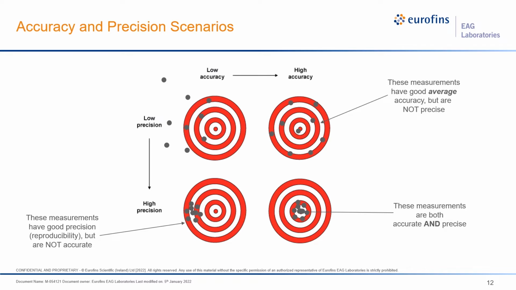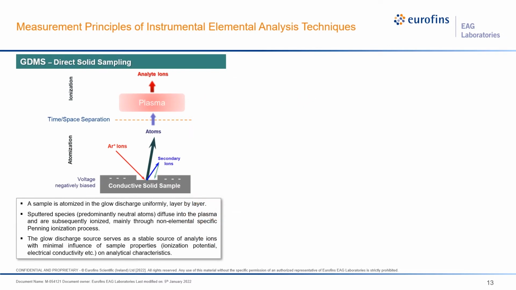So regarding GDMS, ICP-OES, and MS, how do they actually work? For GDMS, it is a direct solid sampling technique. So obviously the sample is a solid, and on top of that, because it's an ion beam sputtering technique, the sample needs to be conductive, or mainly electroconductive.